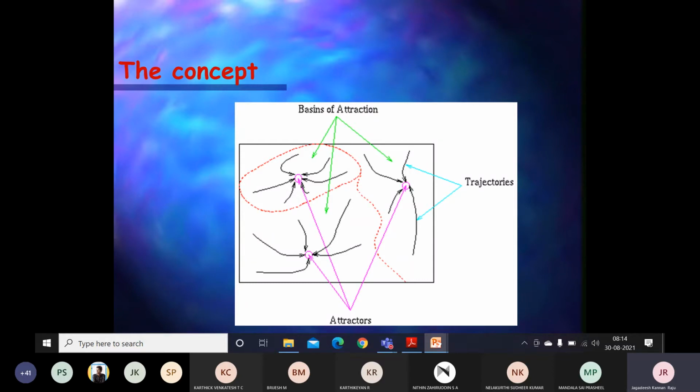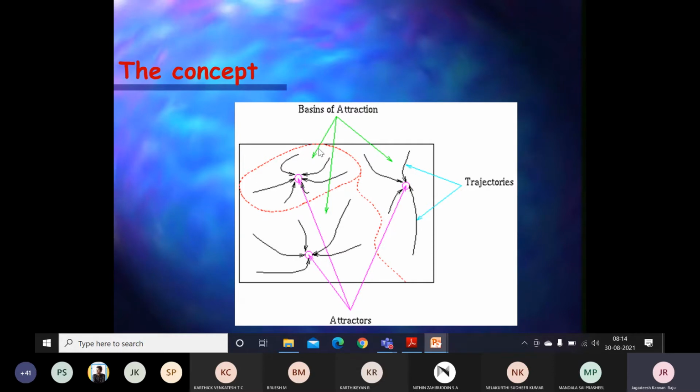So basins of attraction is nothing but, if you consider a particular location, or a particular place, you consider this bounding rectangle box. Inside this bounding rectangle box, I have three basins of attraction.